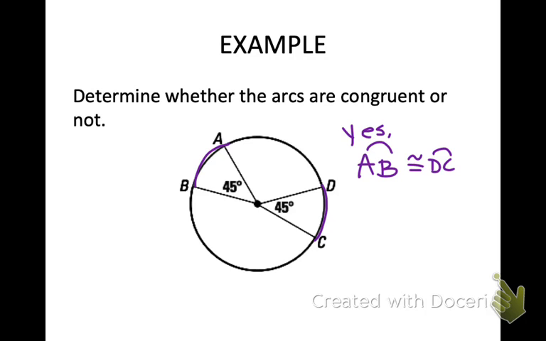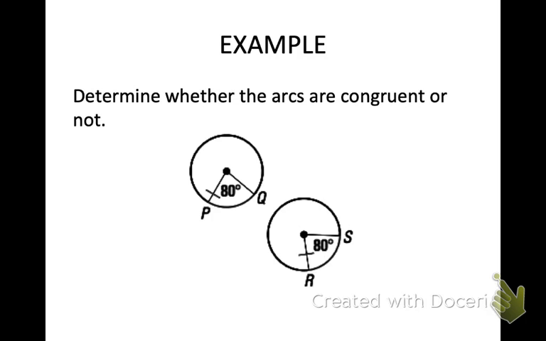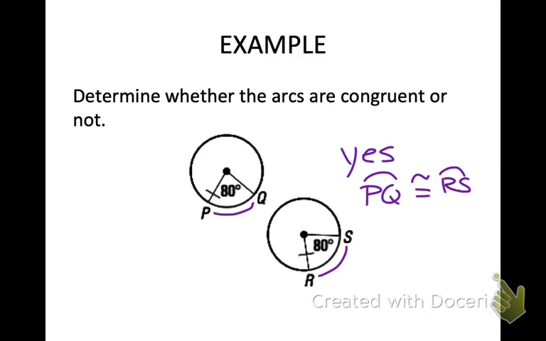If we look at the second scenario, now we're not in the same circle, but are these circles congruent? Yes, because they both have congruent radii. Do they have the same central angle? So is arc PQ congruent to SR? Yes. So yes, PQ is congruent to RS.